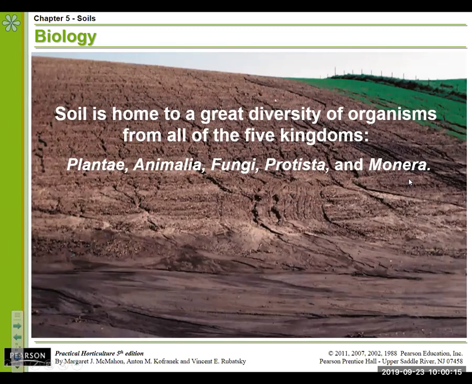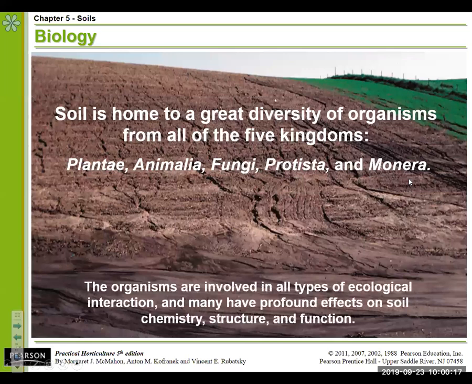So we think of the soils as being a home to basically all 5 kingdoms of life: the plant kingdom, the animal kingdom, the fungal kingdom, the protists, and the moneras, the bacteria, and other simple organisms.